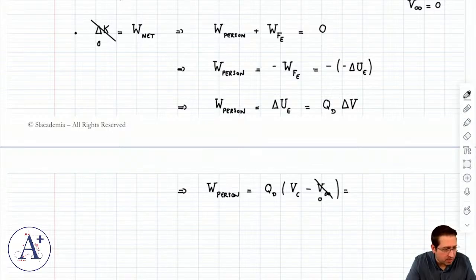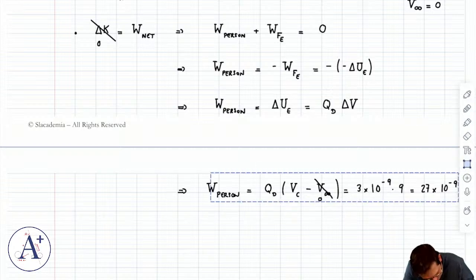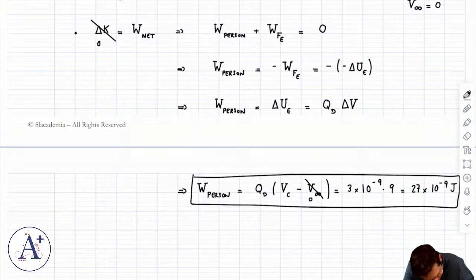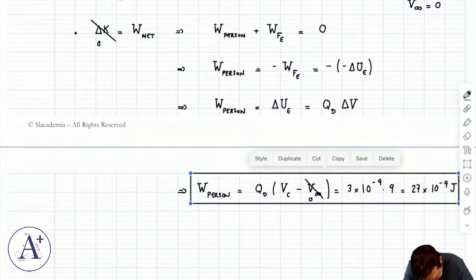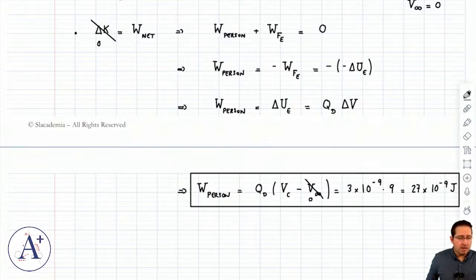So that's going to be QD is 3 times 10 to negative 9 times 9. That's 27 times 10 to negative 9 joules. All right. And that is the amount of work done by the person.